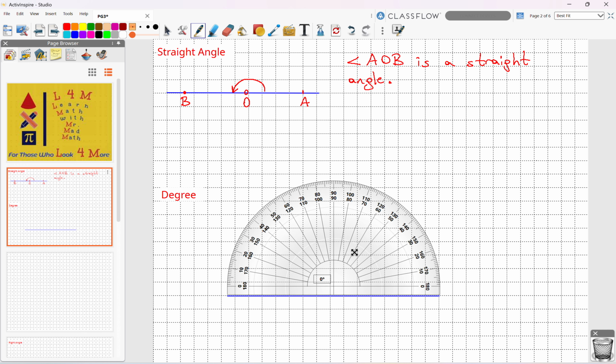A straight angle, I'm putting it on a line, is divided into 180 equal parts, you see, from 0 to 180. And 1 out of 180 portion of a straight angle is called 1 degree.